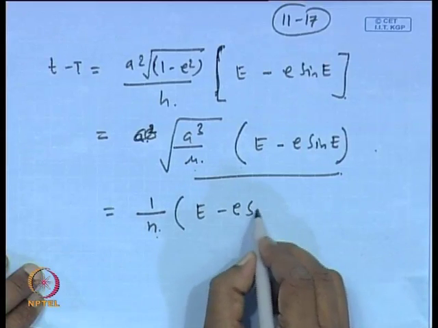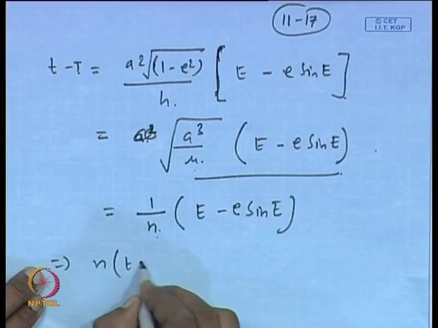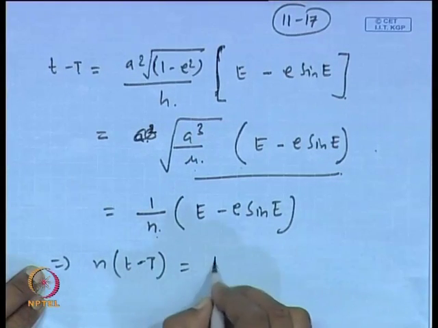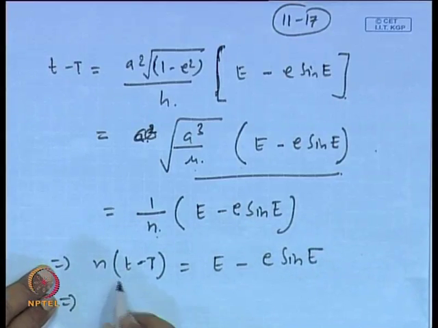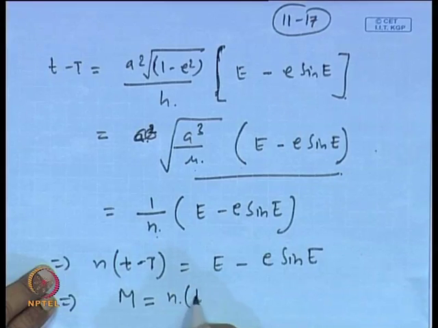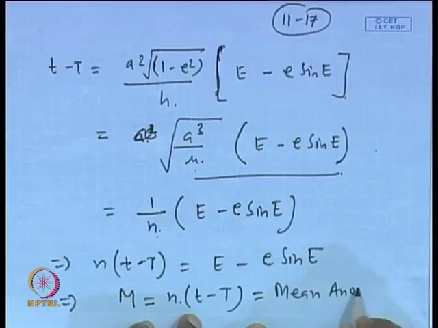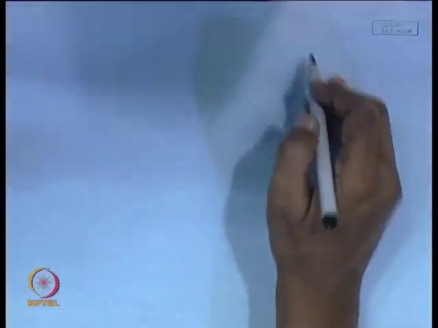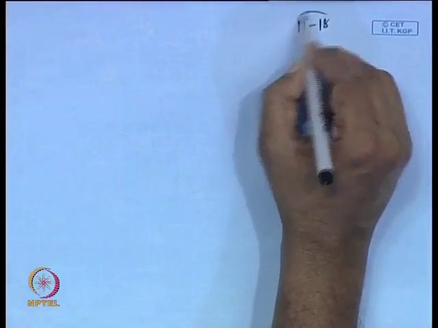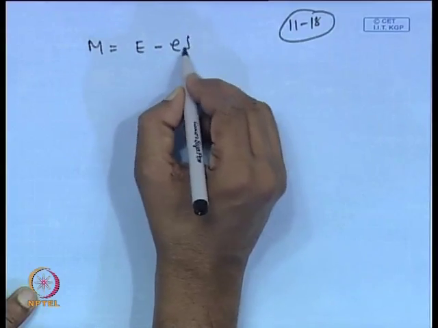So, this is E minus e sin E. Therefore, we can write n times (t minus tau) is equal to E minus e sin E, and this quantity n times (t minus tau) is written as M. So, M is equal to n times (t minus tau), this is called mean anomaly. Thus, we get the final equation in the form M is equal to E minus e sin E.